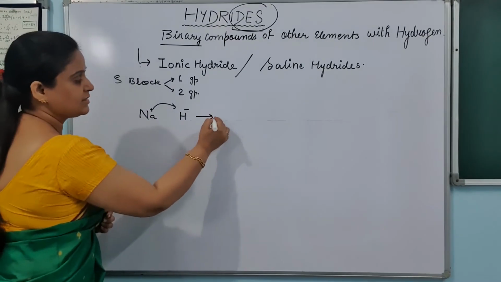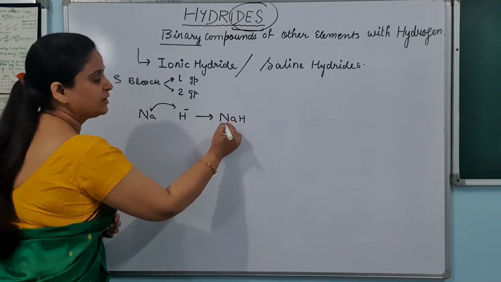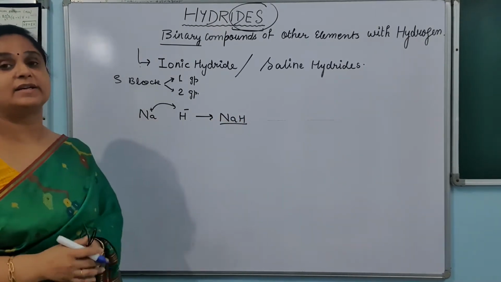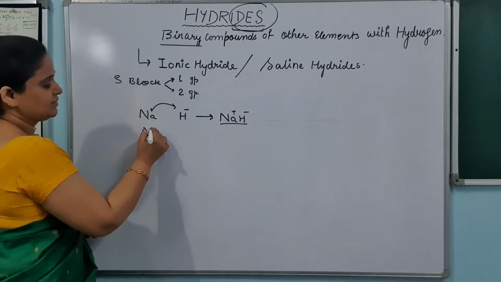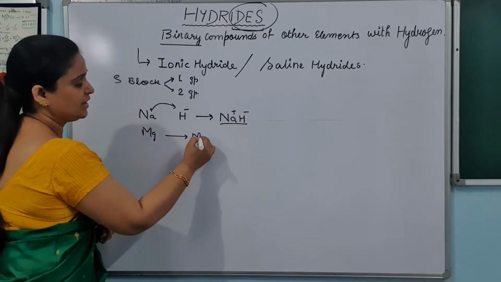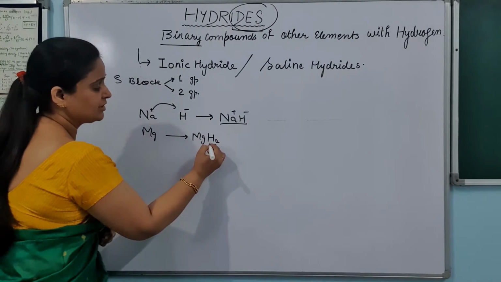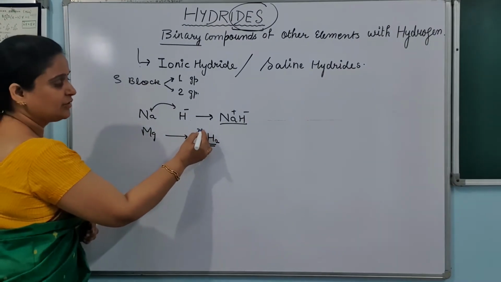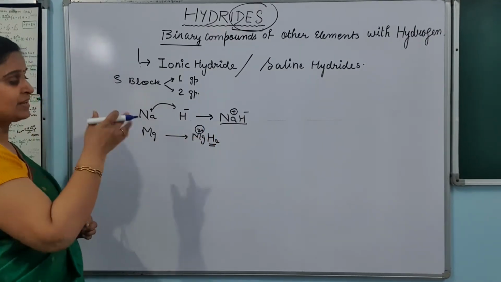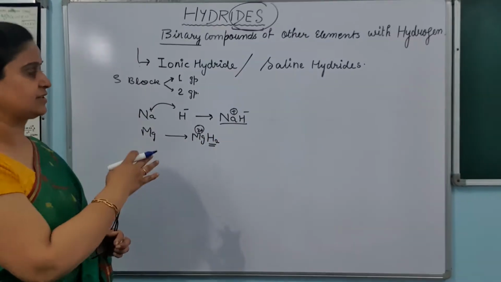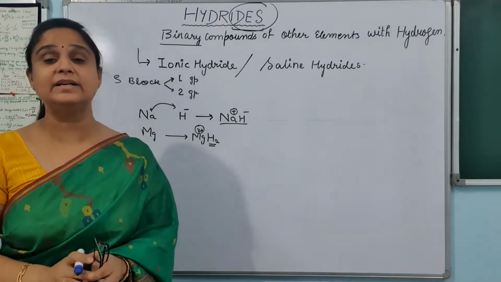That makes an Na plus kind of compound, sodium hydride. Technically this is the hydride ion here. Next, magnesium can form magnesium hydride. The formula will be different because magnesium has valency 2, losing 2 electrons, while sodium loses 1. In the same way, all the elements of the first and second group make hydrides easily.